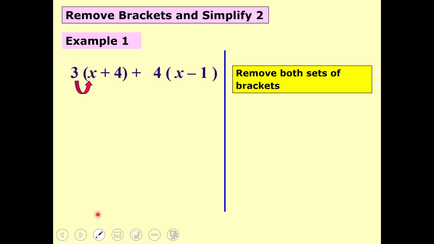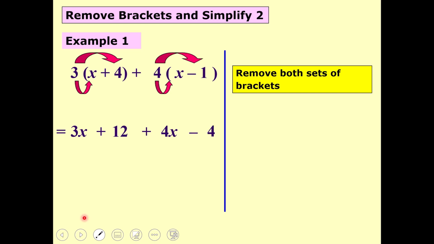So 3 times x gives you 3x. Then 3 times 4 gives you plus 12. Then the second bracket, we're going to be multiplying by 4. So 4 times x gives you plus 4x. And then 4 times minus 1 gives you minus 4.